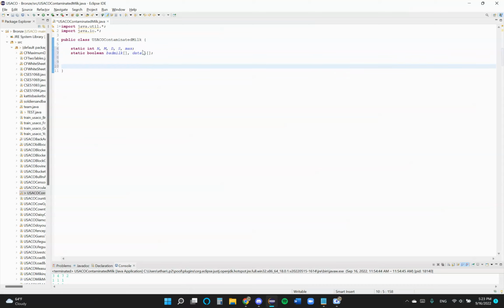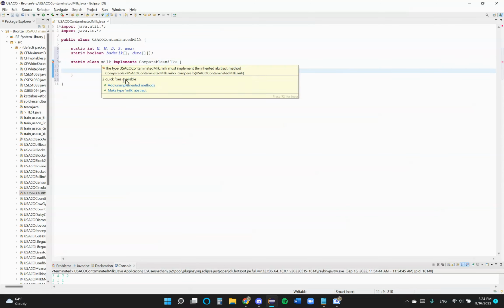And we're also going to need to have a class, so let's create that now. Static class, let's call it milk, I guess, and implement comparable. Okay. And then we're going to have to add an unimplemented method.